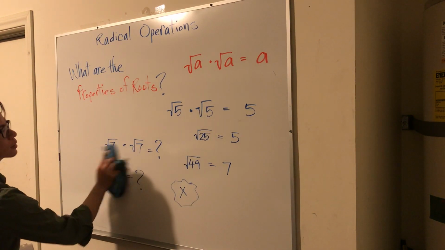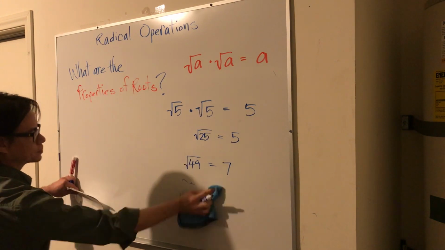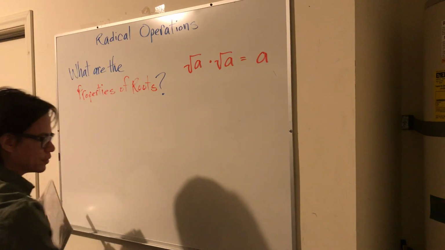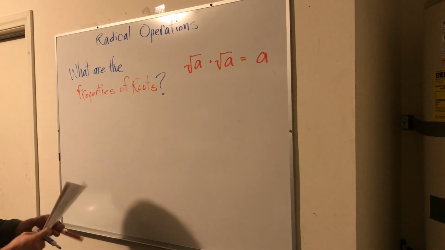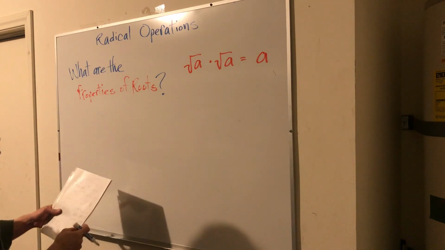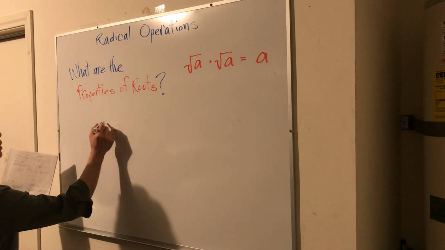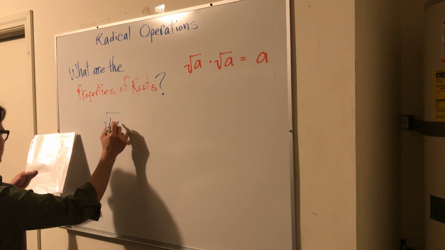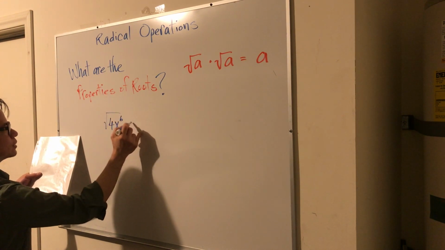Let's look at some more challenging one. Feel free to stop the video at any time to go over and look at the samples again if necessary. So let's say you have square root of 4x to the 6th power.